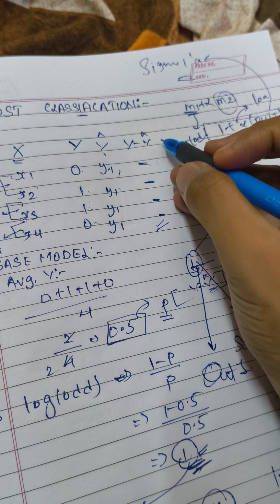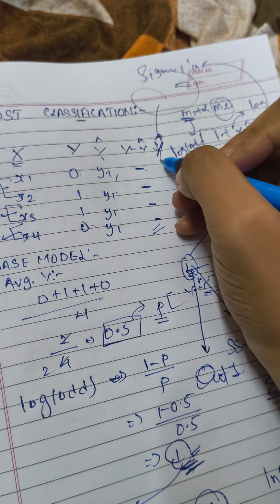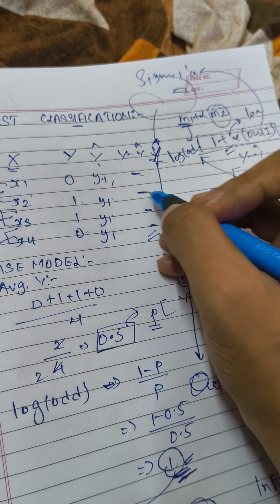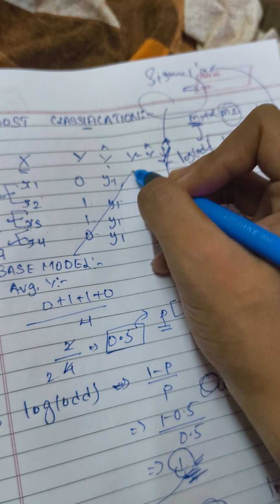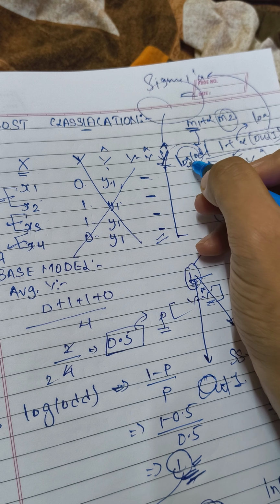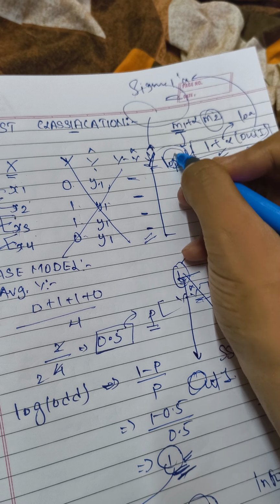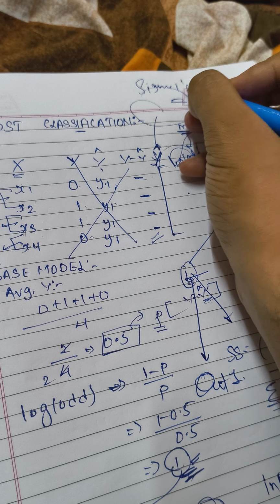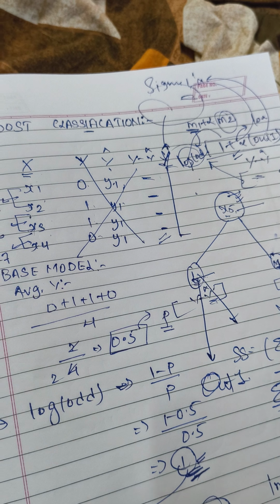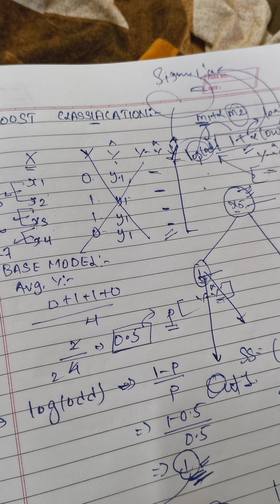So after doing all this I will get the new prediction which my model has predicted for all these values. Now the similar step will take place, this will be forgotten, again a decision tree will be made, again the output will be calculated, again this step will take place, again new predictions, and this cycle goes on till the residual or the error comes near 0.